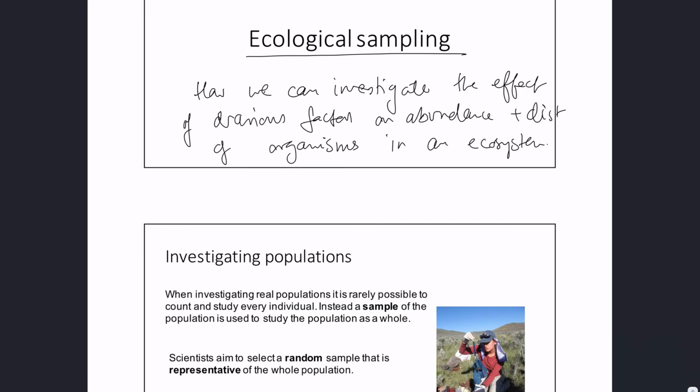In the first part we went through the things that could affect the abundance and distribution of organisms: abiotic factors, adaptations, and succession. Ecological sampling is how we would practically investigate the effect of these factors on the abundance and distribution. So it's the practical side of that.